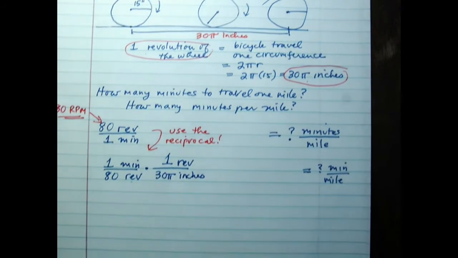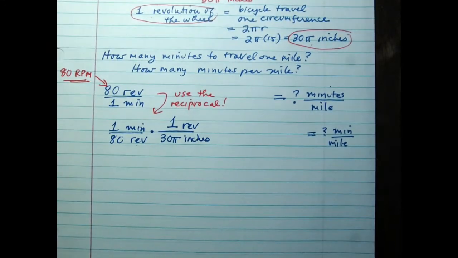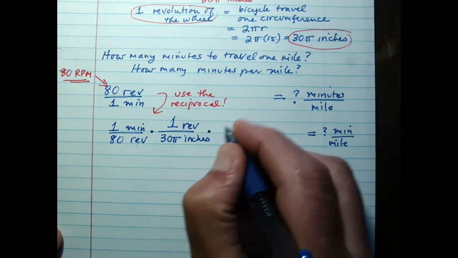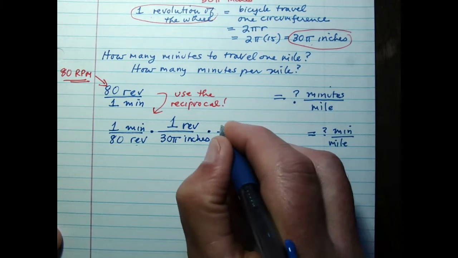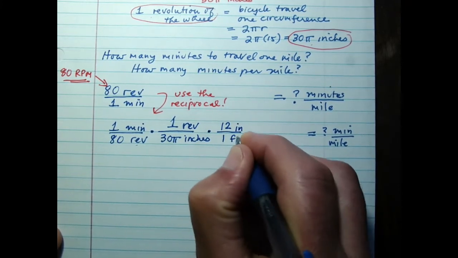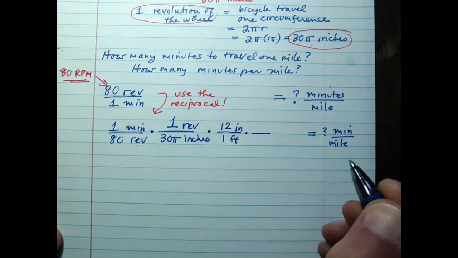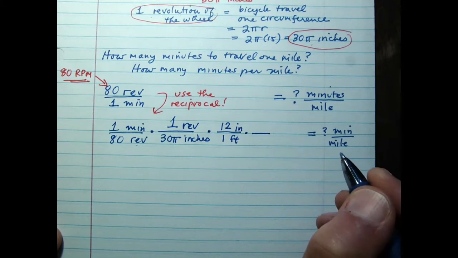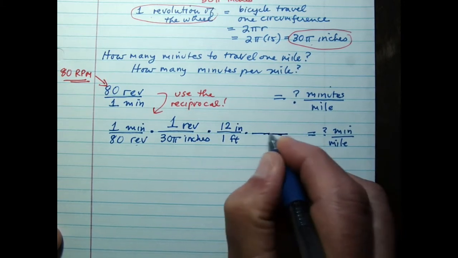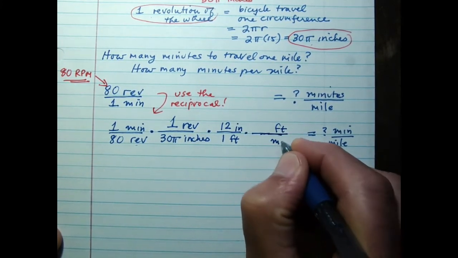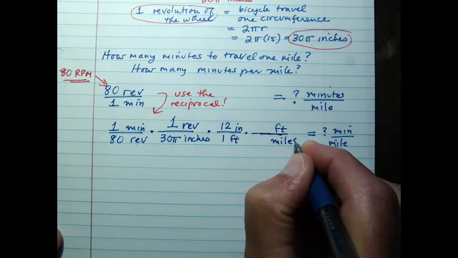And really, all I have to do now is figure out how to get from minutes per inch to minutes per mile. So let's see. I want inches to cancel, so I want inches above. I know 12 inches equals 1 foot in American units. And now I think I only have one more step, because I want feet to cancel and I want to get miles in my final result.